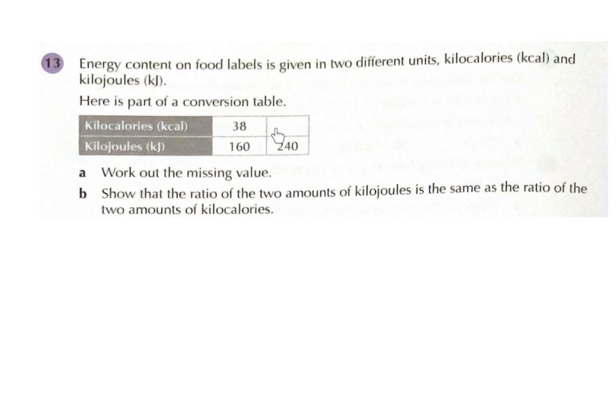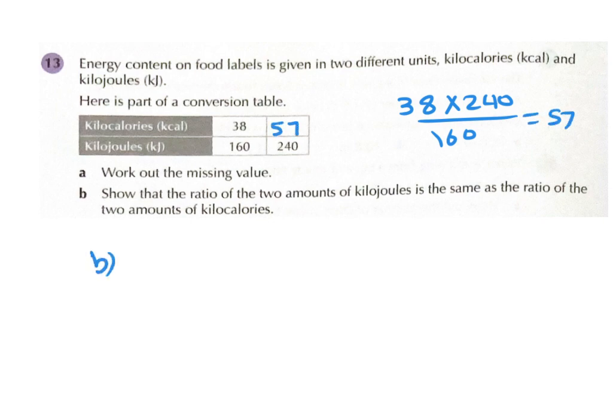How to find the missing value? So cross multiply because it's direct proportion. So 38 times 240 divide by 160 equals 57. Yes. Okay.